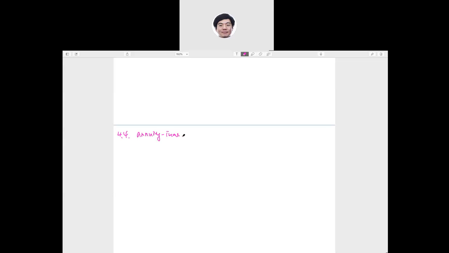But it's not payable every year. Now it is payable P thly, meaning there are P payments a year. So let's draw the timeline. The first payment is at 1 over P, the second payment is at 1 over P later, and this is 1 over P. So you still have $1 over 1 year.